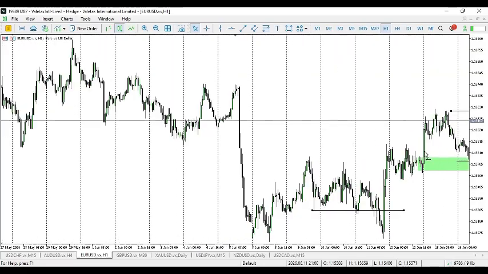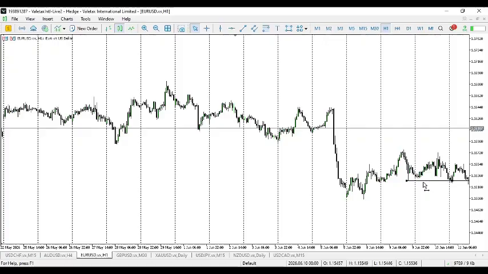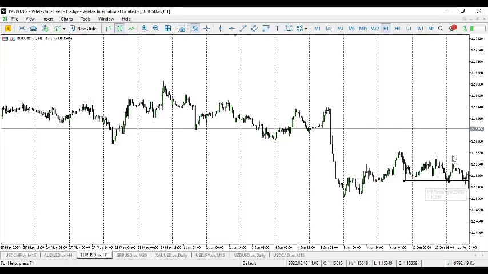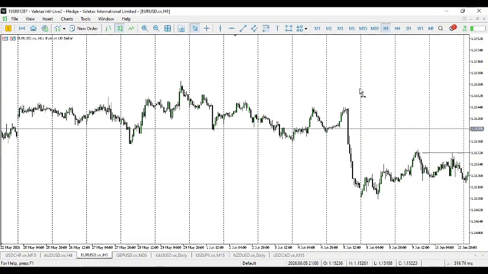Assuming this was happening in real time, let me put it in that perspective, at the far right end of the chart, we had this high here. This is the previous high there, and this is the low.